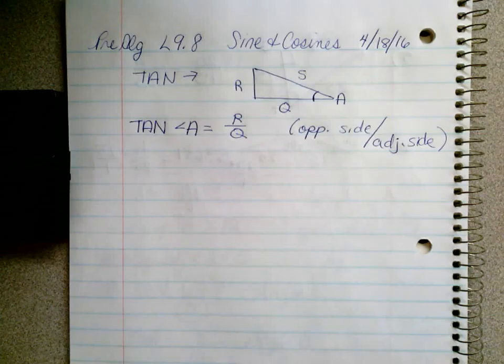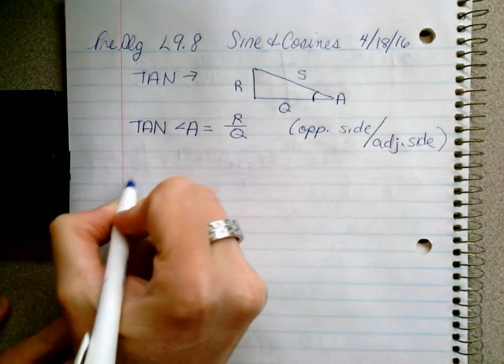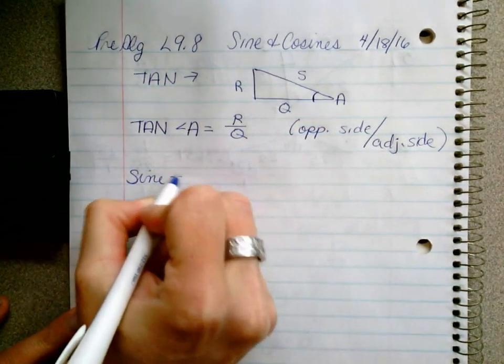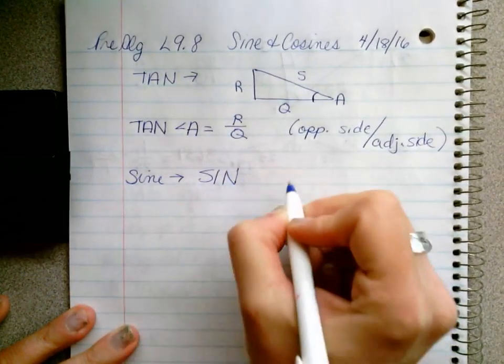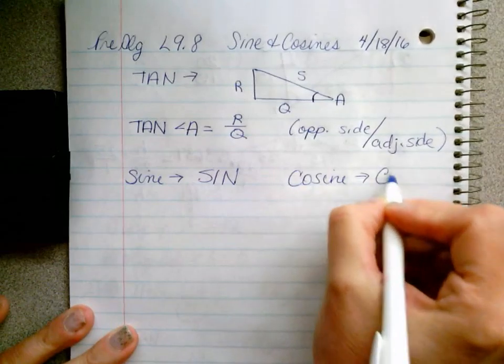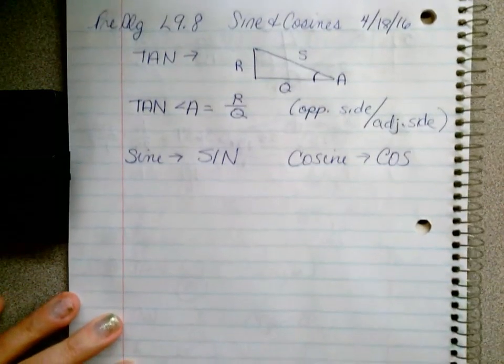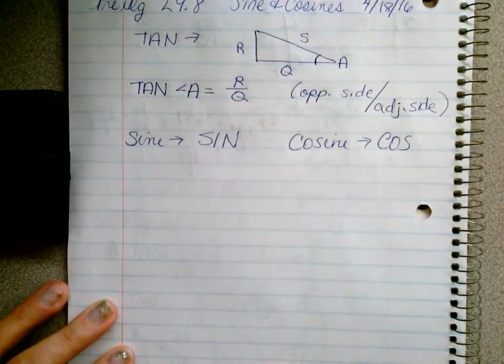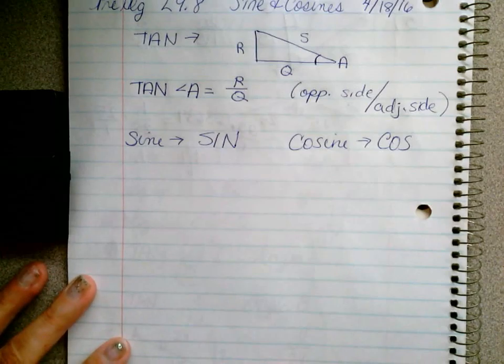In example 4, you guys will see how to use the sine ratio to answer this question. Sine on your calculator is like this. I know. Cosine on your calculator will be like that. So let's look at the two ratios that they have there on 494.